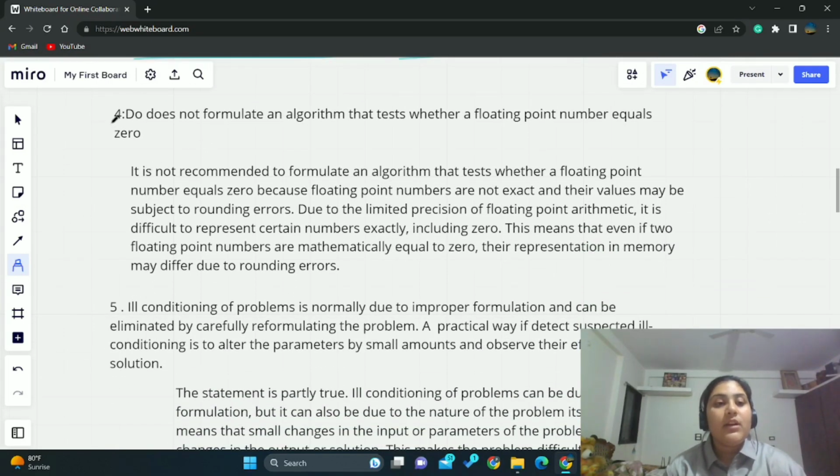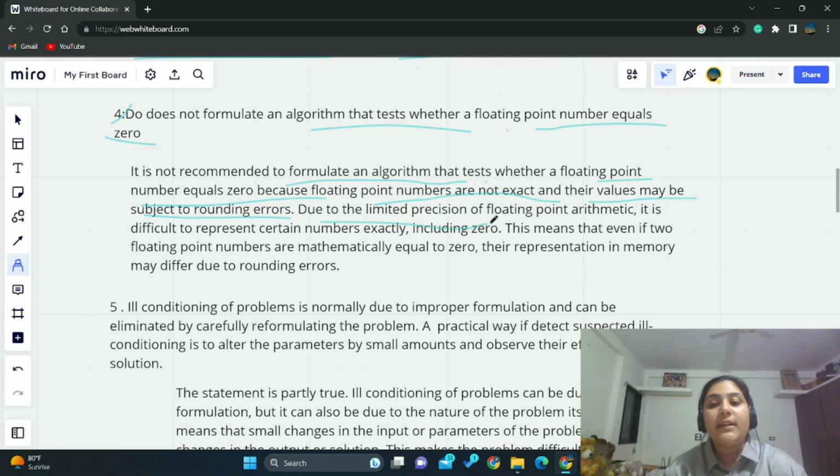Question number 4: do not formulate an algorithm that tests whether a floating point number is equal to 0. It is recommended not to do so because floating point numbers are not exact and their values may be subject to rounding off.